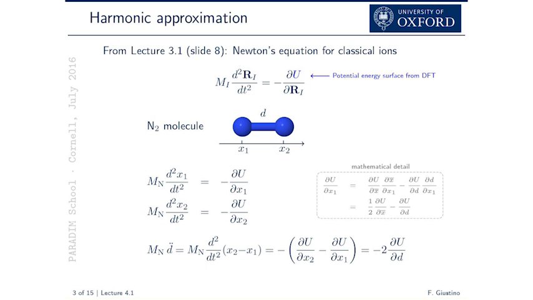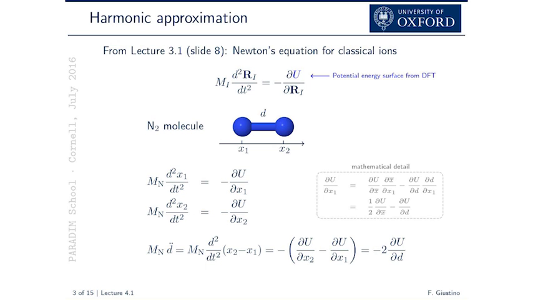The reason is that I would like to sit in a reference frame where this molecule is not rotating and is not translating as a whole. Since for the translations and rotations we have basically 5 degrees of freedom in total, there is only 1 left, which is the vibration. So the only thing that this can do in our reference frame is to elongate or compress.